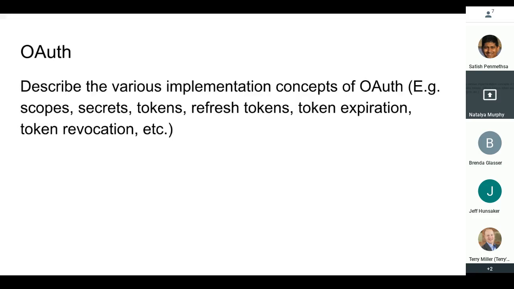So the secret is like a random string that enables the connection between the application and the authorization server. It's the thing that binds them together, because they both know the secret that nobody else is going to know.